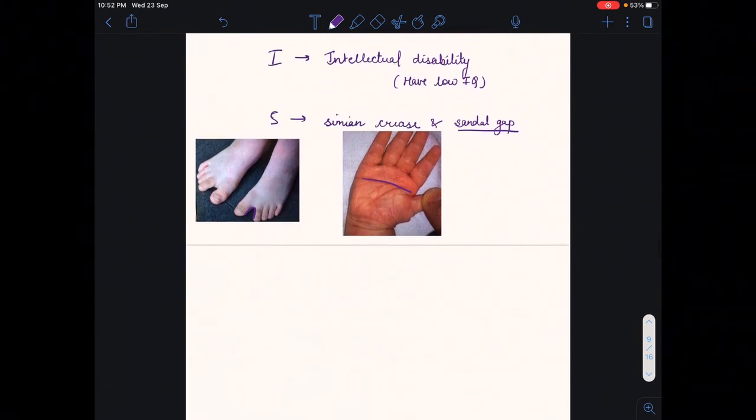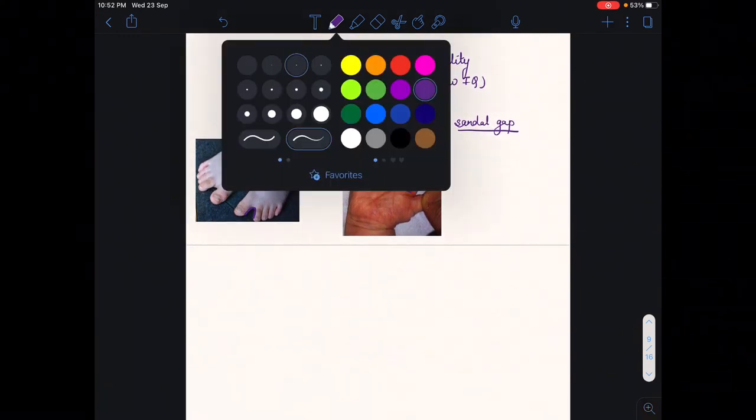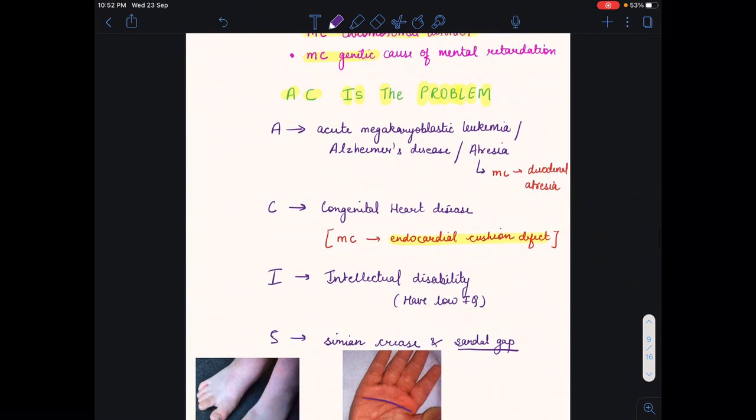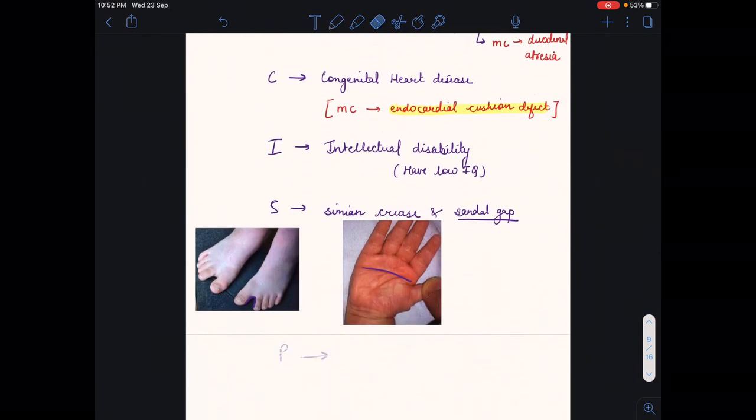After S, there is T for AC is the problem.